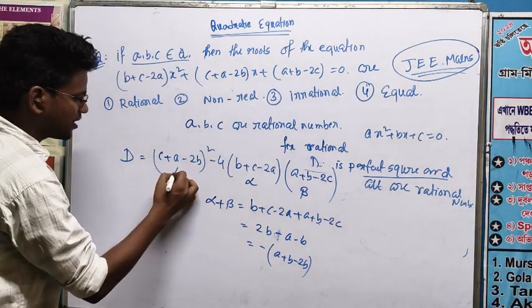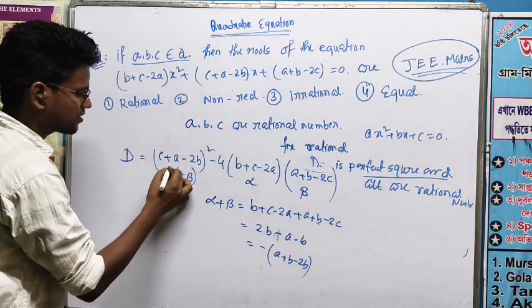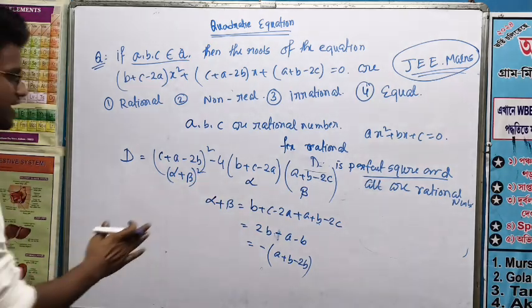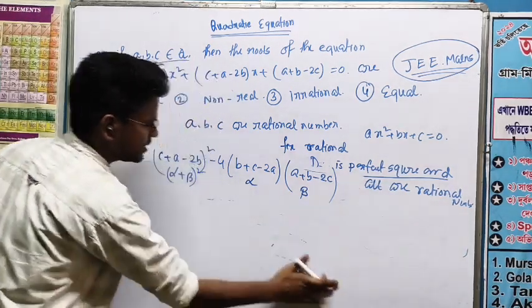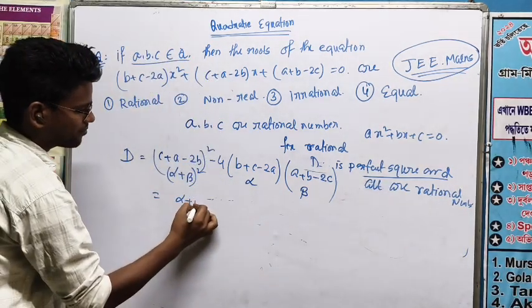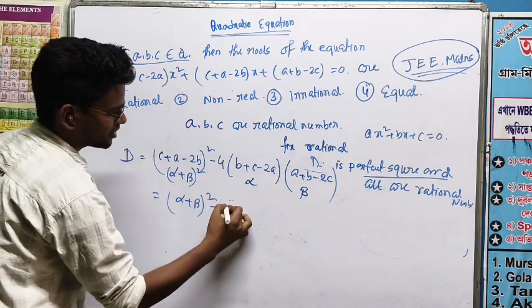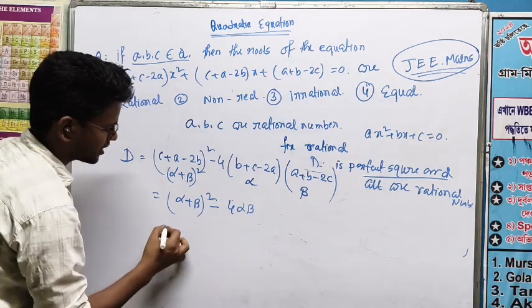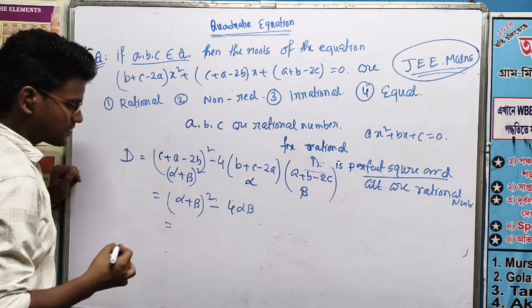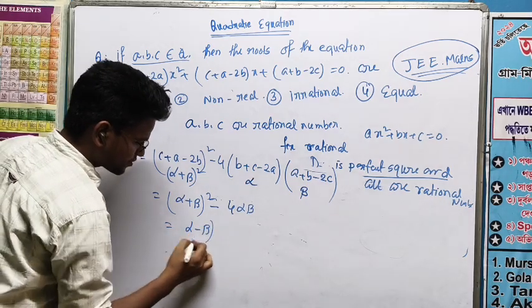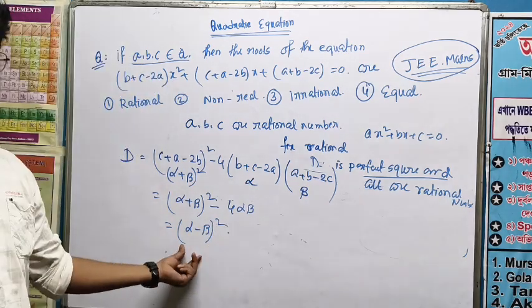So this is alpha plus beta whole square minus 4 alpha beta, and we can write alpha minus beta whole square, and this is a perfect square.